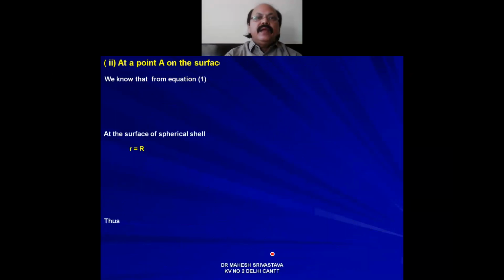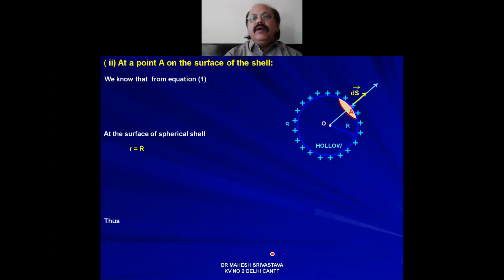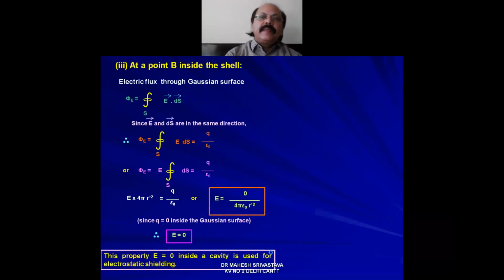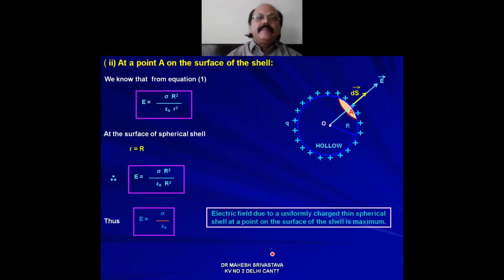Now at a point on the surface of the spherical shell. On the surface of the spherical shell, it means small r is equal to capital R. So from equation 1 we know that E equal to sigma R square upon epsilon naught small r square, and at the surface small r is equal to capital R. Substitute this value in the above equation, then it becomes E equal to sigma R square upon epsilon naught capital R square.